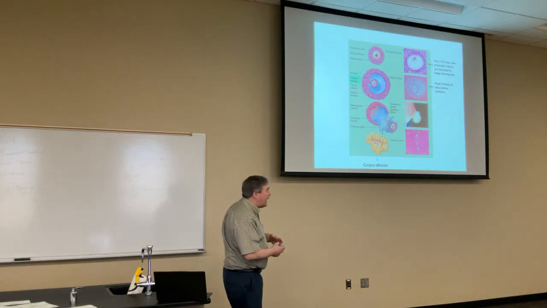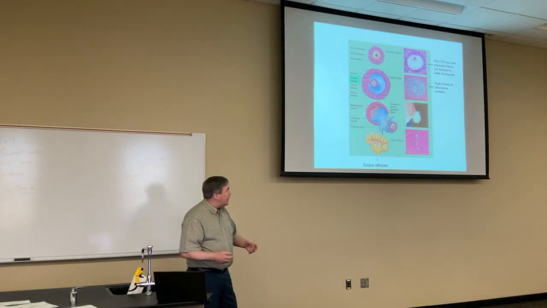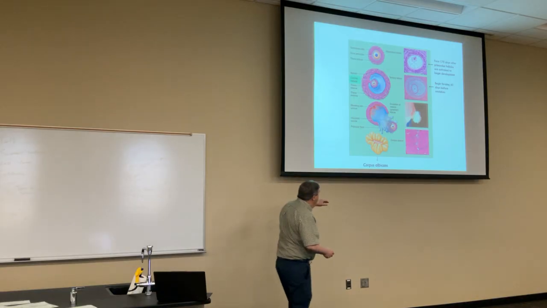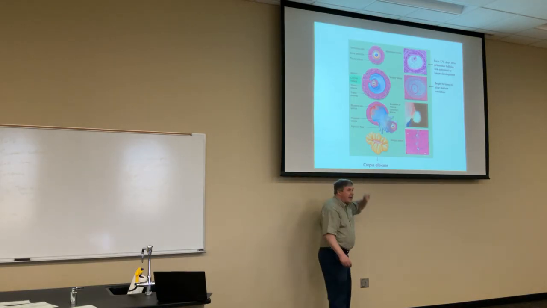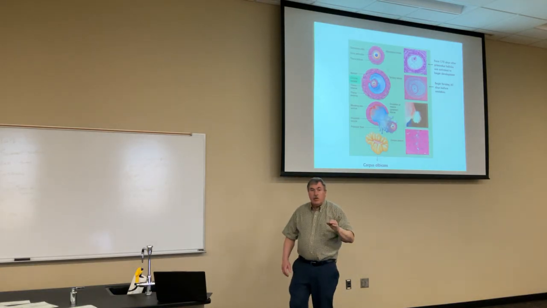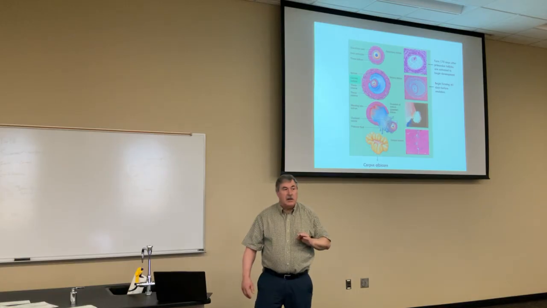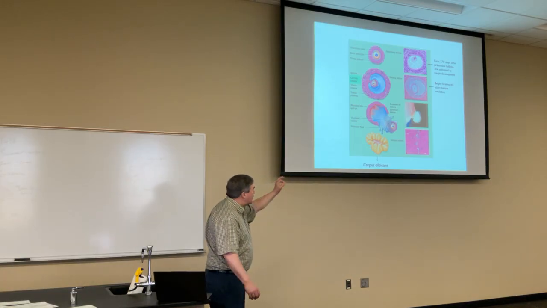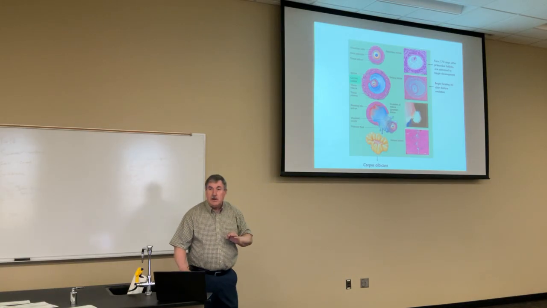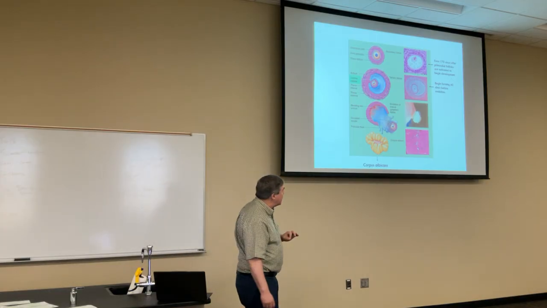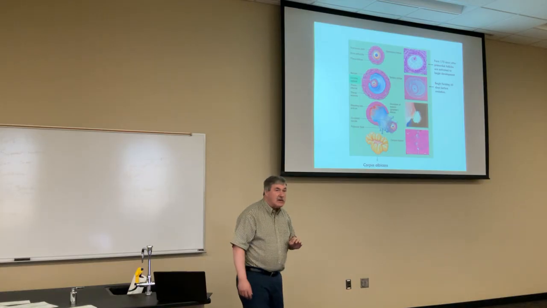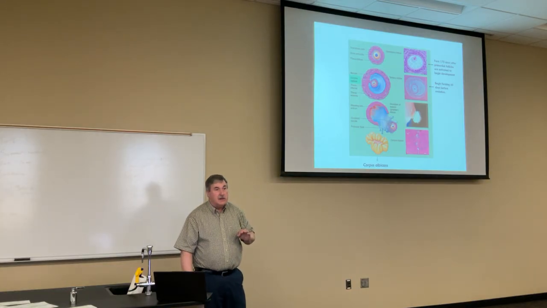And when the corpus luteum breaks down, it turns into a corpus albicans, which is a white-colored body in the ovary. So the corpus luteum is yellow in color in an unstained ovary or an unstained section. Corpus albicans is a white-colored body in an unstained ovary.